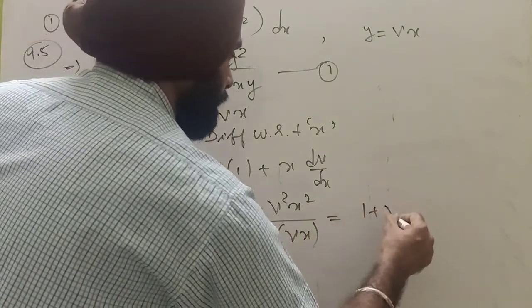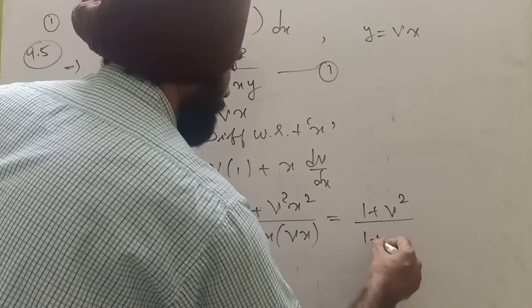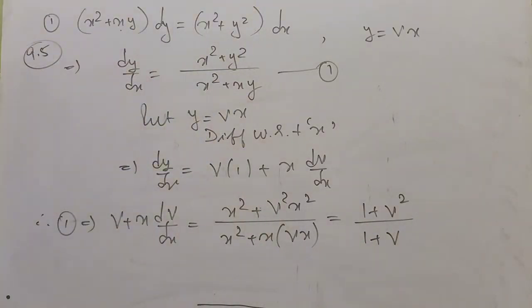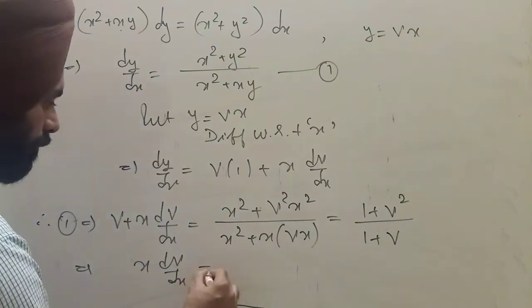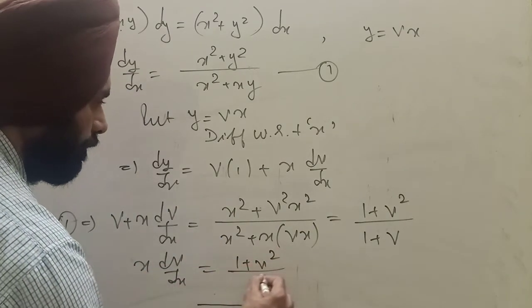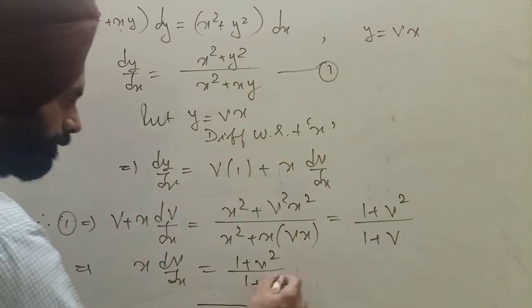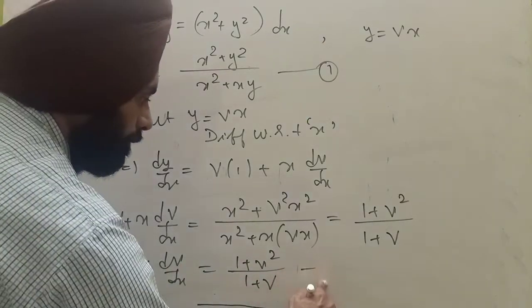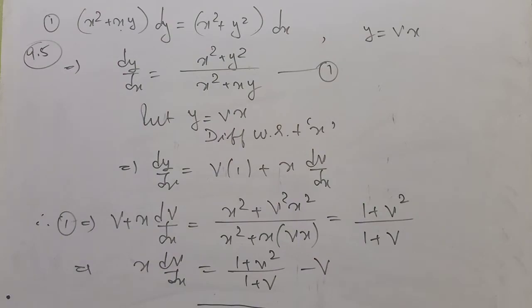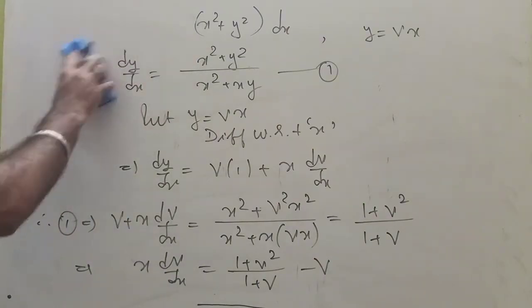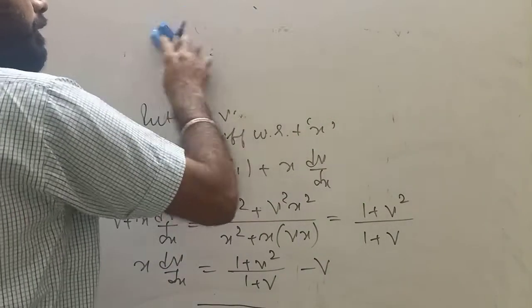So this is 1 plus v square by 1 plus v. And then shift this v to the right hand side. X into dv by dx is equal to 1 plus v square over 1 plus v minus v. Then take LCM in the right hand side and then separate the variables.